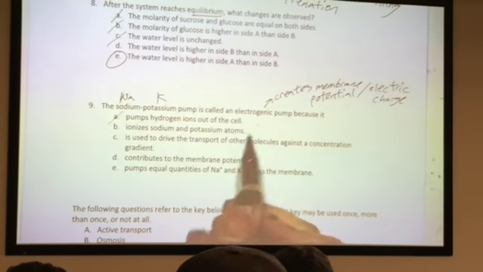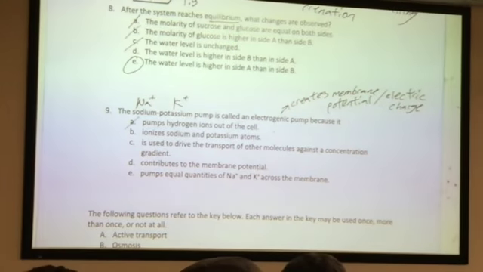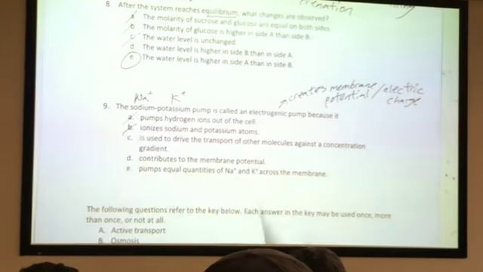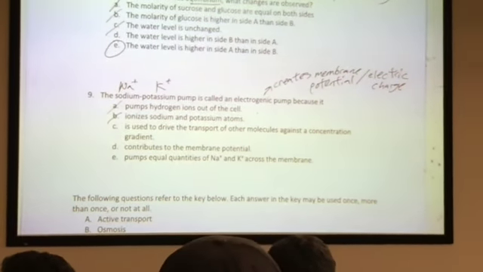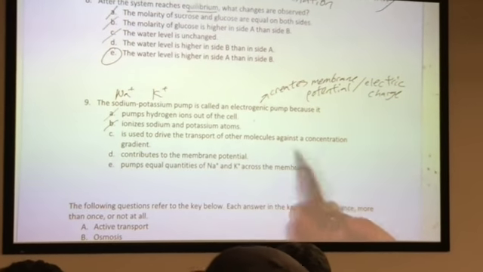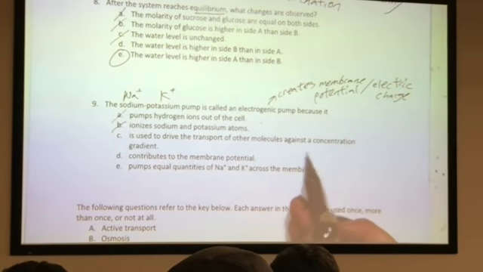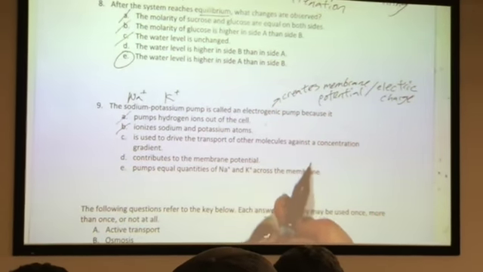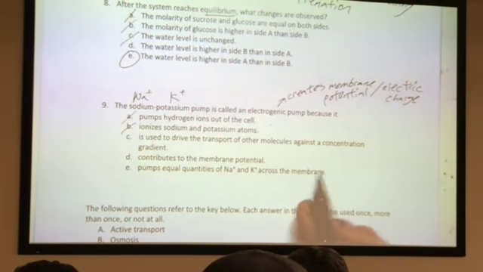It does not ionize sodium and potassium atoms. They already exist as ions. Okay? It's used to drive the transport of other molecules against the concentration gradient. That is not the case for this, but that's how some active transport works.